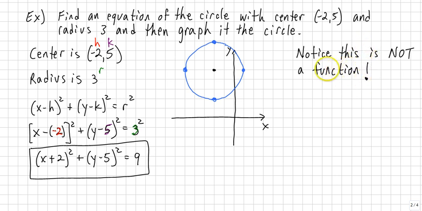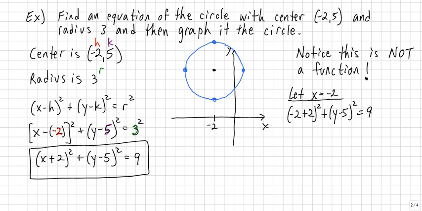So let's say I plug in negative 2. So say I plug in this x value right here, negative 2. So let's let x equal negative 2. So then if I plug that into the equation, I get negative 2 plus 2 squared plus y minus 5 squared equals 9.